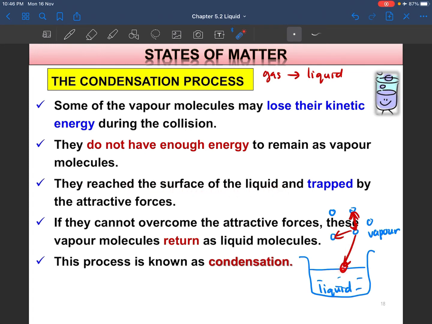When it falls onto the liquid, it will be attracted to the liquid, because the liquid also has attractive forces. So this molecule cannot overcome the attractive forces and ends up becoming liquid again. So this process is known as condensation.